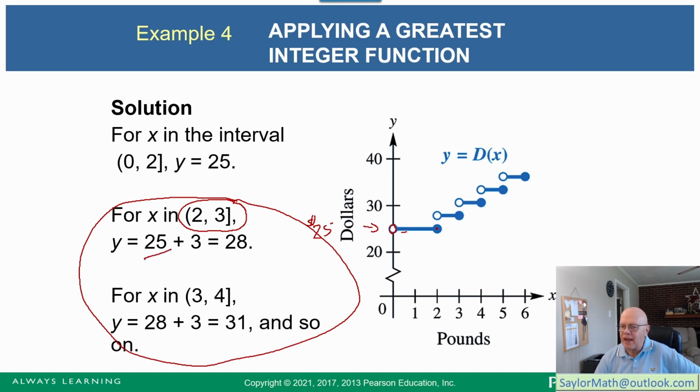So here's the base. We just went over and the $25 jumps up to 28 because that's, well, you do the math. I'll leave that to you. I know you can do that.